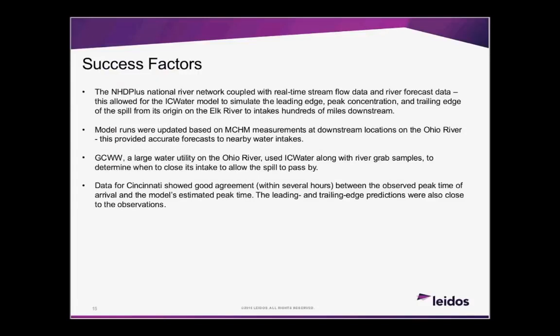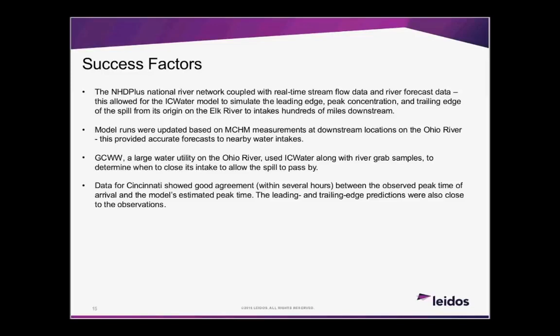But there were a number of success factors that led to the model's use, as well as observations, for the Cincinnati Waterworks. The ability to use a national river network like the NHD Plus, coupled with real-time stream flow data and river forecast data, allowed simulations of the leading edge, peak concentration, and trailing edge, from the origin of the spill to hundreds of miles downstream.